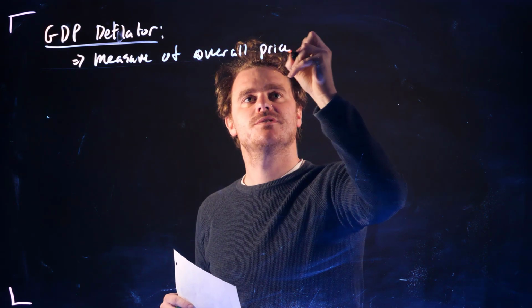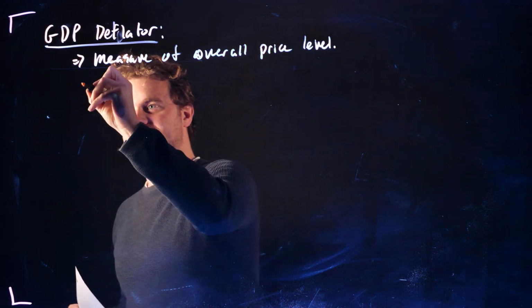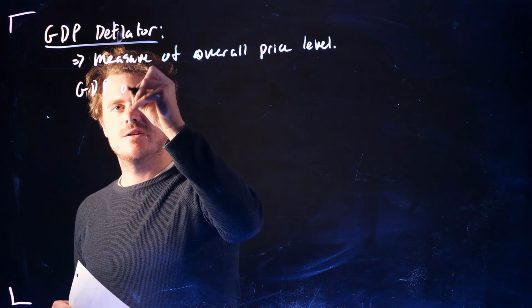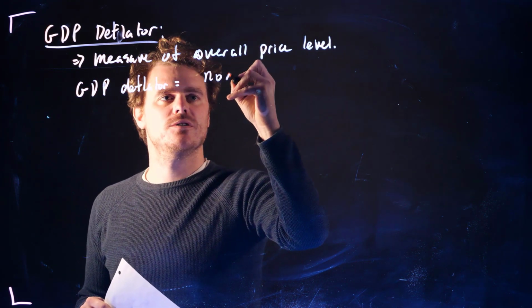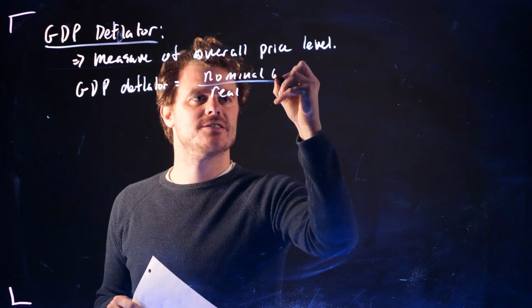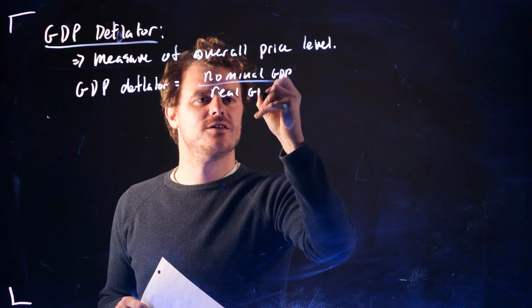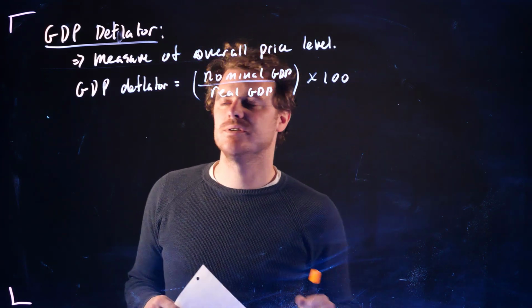And it's defined as, the GDP deflator is going to be nominal over real GDP. I guess I should write GDP there. We'll multiply it by 100 as well.